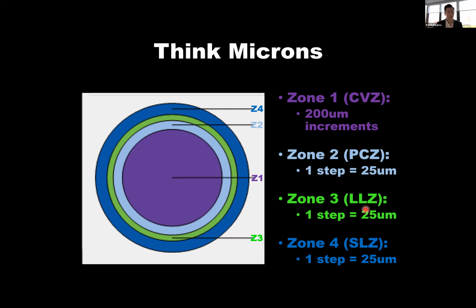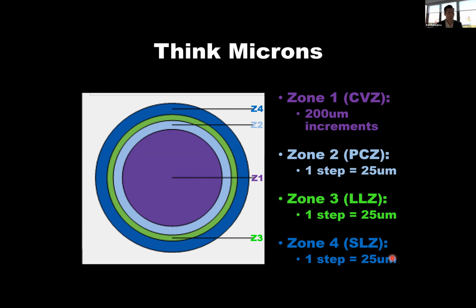If I make the limbal vault +1, I'm increasing the vault 25 microns. If I make a negative limbal lift zone adjustment, I'm decreasing 25 microns. And then the same thing with edge lift in the scleral landing zone. If you increase the edge lift, then that's a 25 micron change to the sagittal height. So for all of the adjustments that you make to the outer 3 zones, 1 step equals 25 microns.